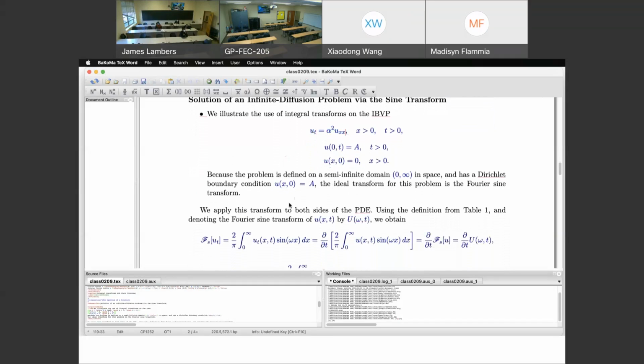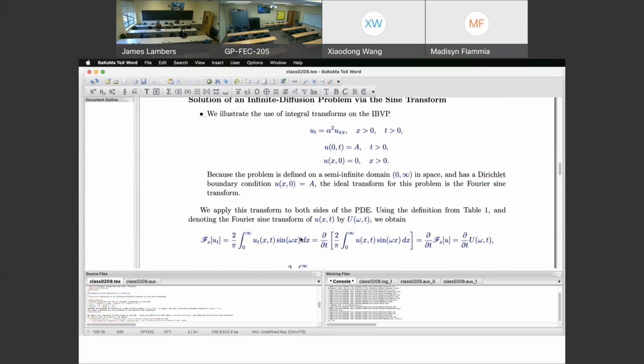So here's what happens when I take a Fourier sine transform of du dt. Well, the definition of a transform gives me this integral. But what I'd like to do is relate it to the Fourier sine transform of just plain old u. Well, there's nothing in here that depends on t except u, and that's being differentiated with respect to t, and the integral is with respect to x.